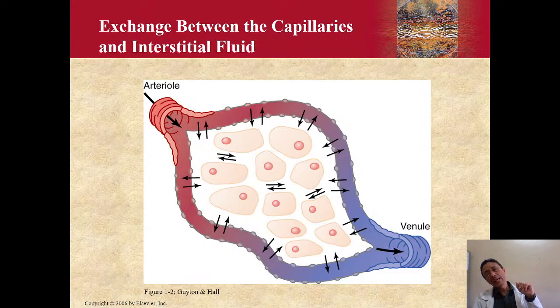So basically, we see that a constant internal environment is maintained because of the cardiac system, the respiratory system, the GI tract and the renal system.